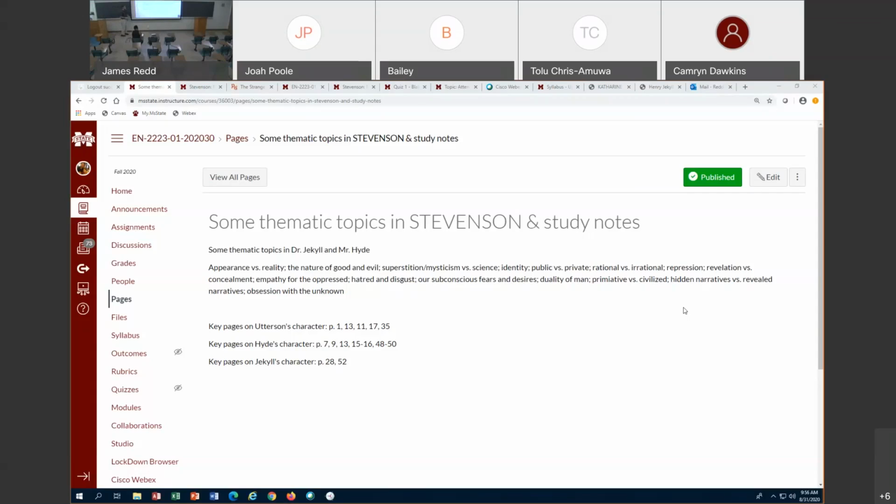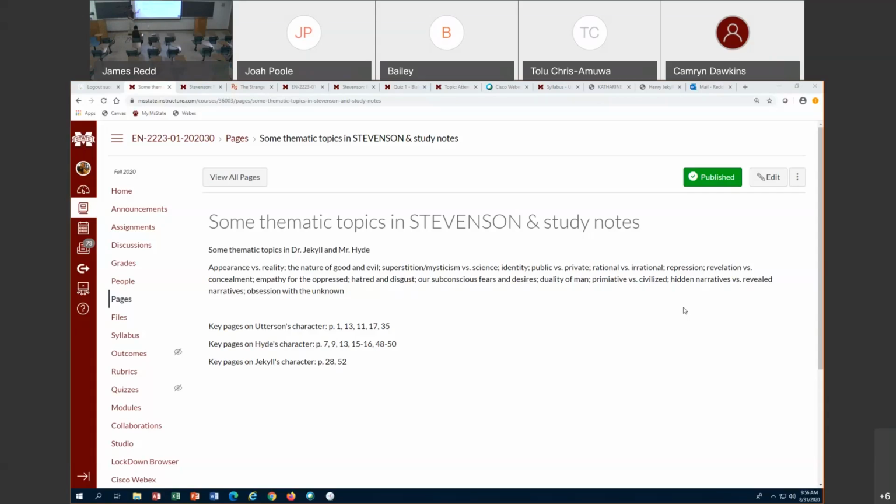Other characters we're going to be seeing are Dr. Lanyon, who is another doctor who disapproves of Jekyll's methods of tinkering and science. This harkens up to stuff like Mary Shelley's Frankenstein, another novel that explores tinkering and science. As we go along, we discover more and more about Hyde, and things get more complicated as Hyde murders a man and then disappears, and Jekyll's character alters.